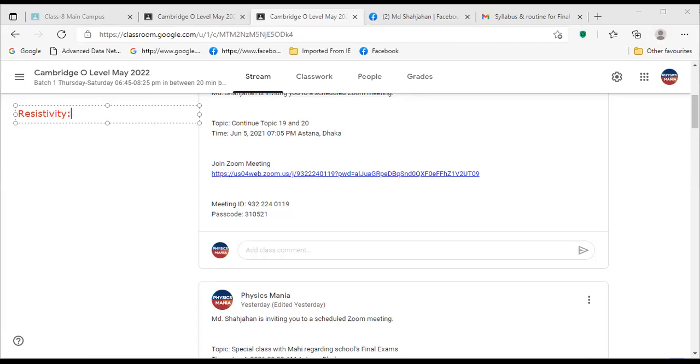Now, for example, Farabi is driving a car. Farabi, hello Farabi. Yes, sir. You can drive a car, right? No, sir, not yet.